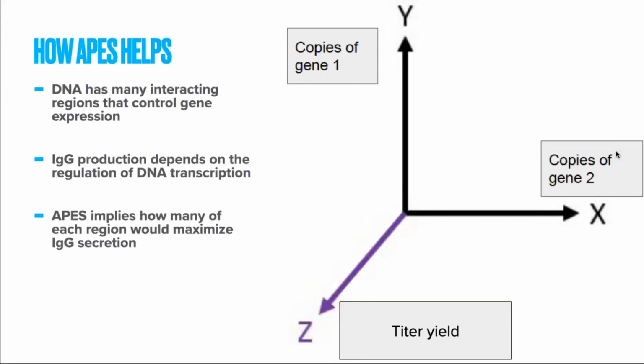So if you're trying to get the cell to produce something, you kind of just have to treat it like a black box, where you have just a certain number of copies of this gene and some other copies of another gene, and you can have more genes than two, obviously. This is just a really simplified graph, right?